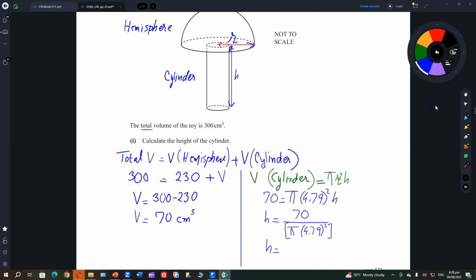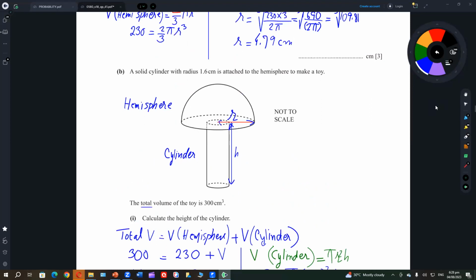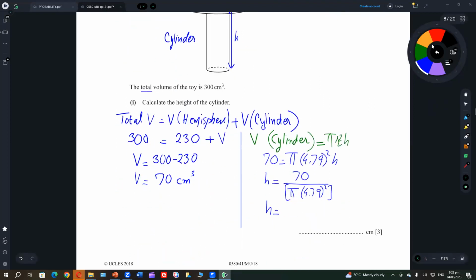No, I think they gave the radius for the cylinder. Where? The radius is 1.6. So you are perfectly right. I didn't see it, 1.6, and now I'm correcting it. So please correct it.